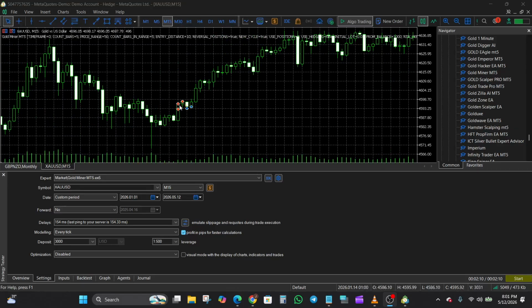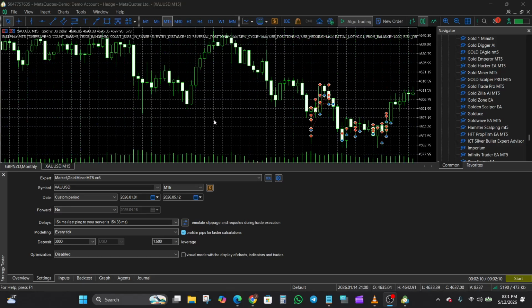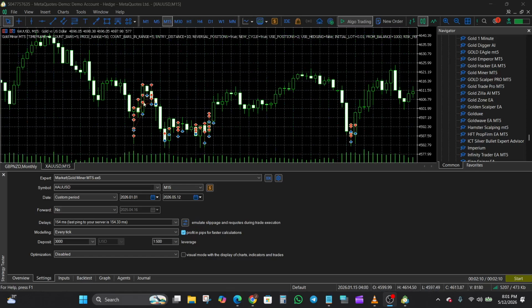For example, this position was entered here and exited here. We can see that this was entered here and exited here, and this was also entered here and exited around here.